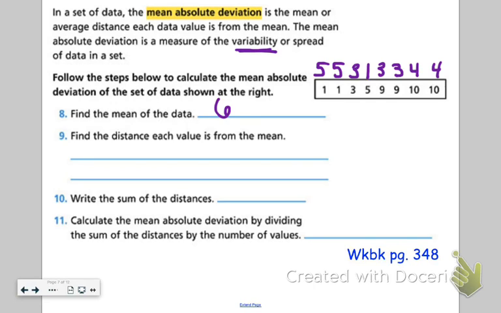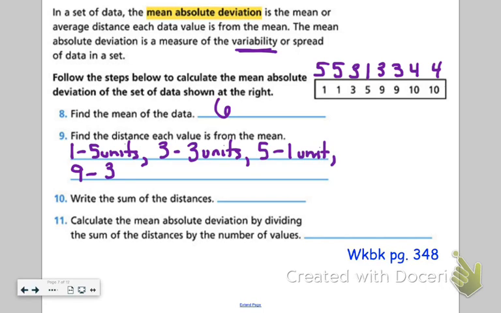Or if you want to list them down, we have 1 is 5 units away. 3 is 3 units away. 5 is 1 unit away. 9 is 3 units away. And the 10s are 4 units away.